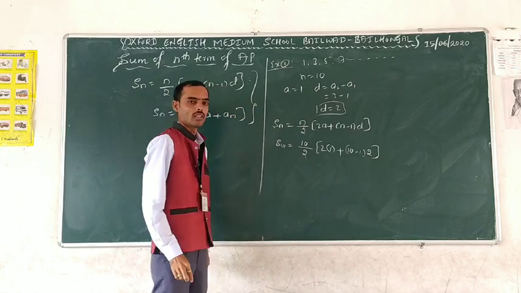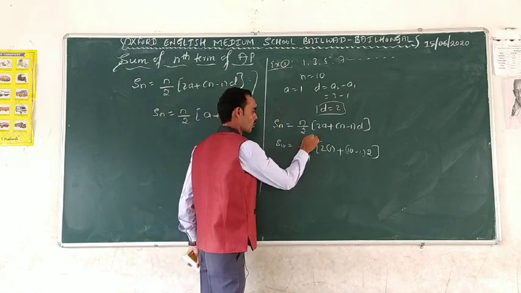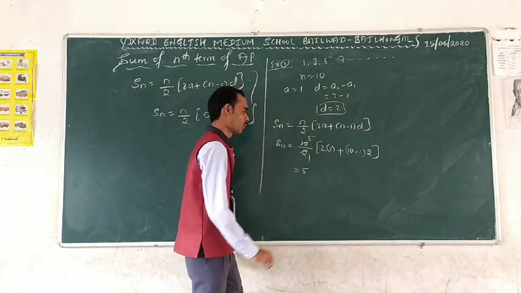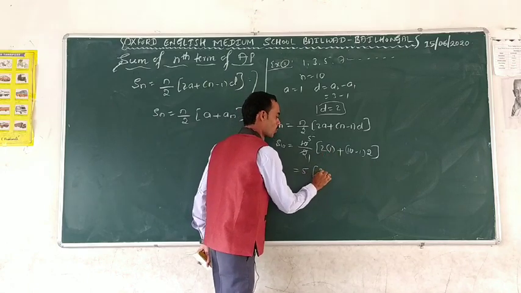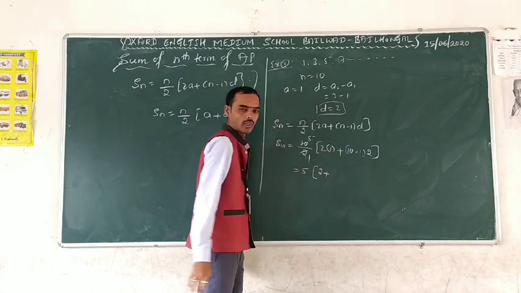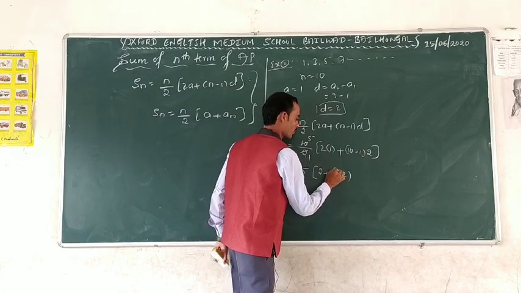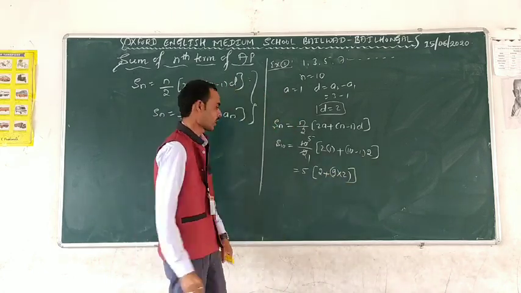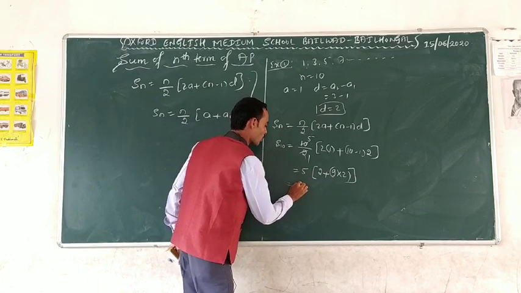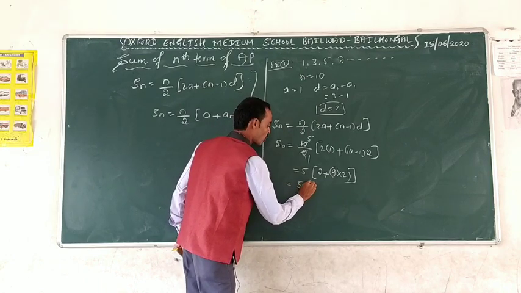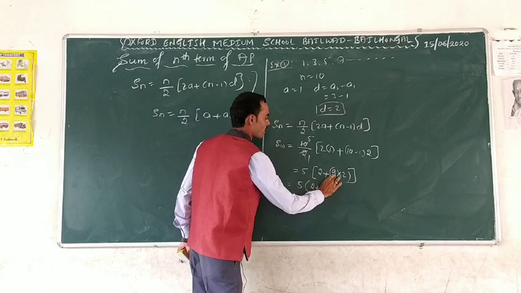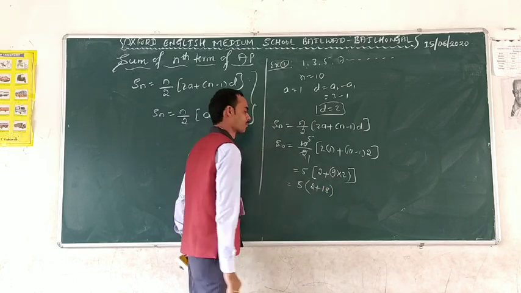So, 2 ones are 2, 5 outside the bracket, 2 plus 9 into 2. Next, S10 is equal to 5 into (2 plus 9 twos are 18).